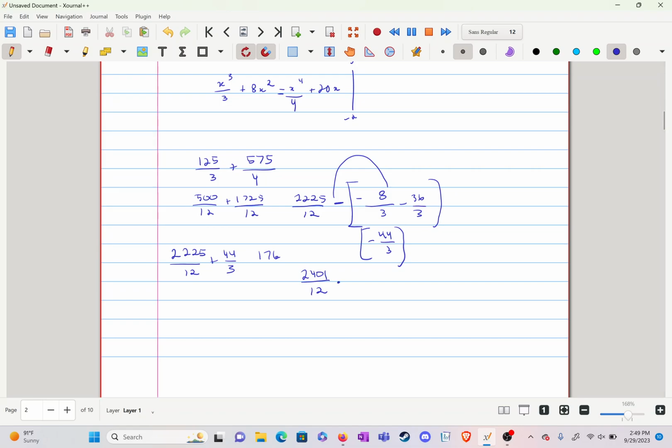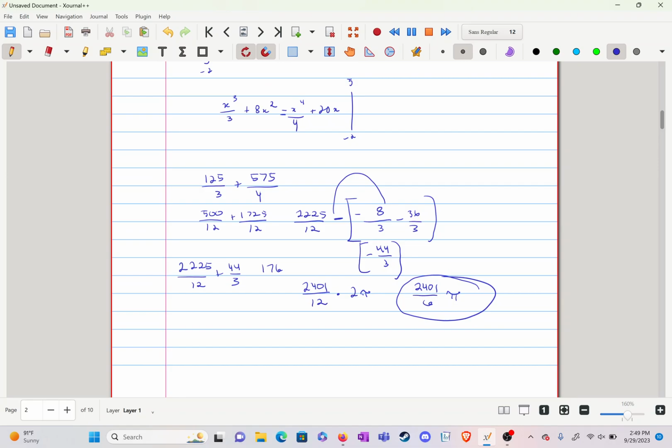And then we have that times 2 pi. And we know that 2 and 12 is just going to cancel out. So we have 2,401 over 6 pi, and that is our volume for problem 2.